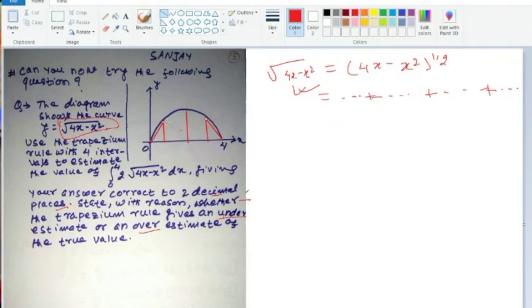Now consider the other trapeziums. All these straight lines lie under this curve. That means although we are estimating the area very close to its true value, we are underestimating in this case.